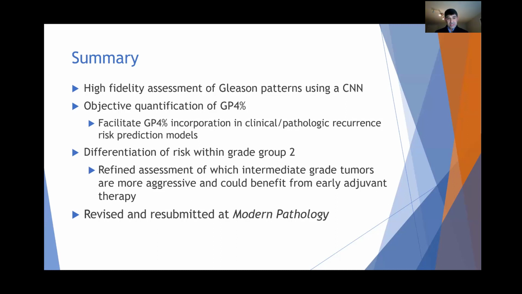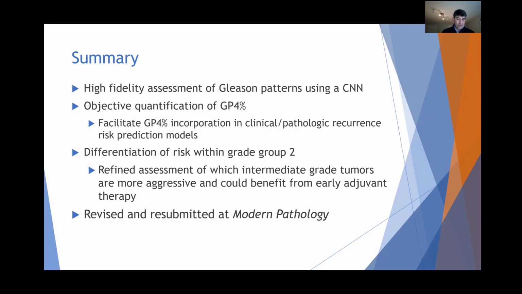Also, this is an objective quantification of Gleason pattern 4. This is something that potentially could move towards clinical application, but we would need a whole heck of a lot of additional data to get there, across multiple institutions, with consensus panels of pathologists scoring these. Really, we had 2 pathologists who scored each image, where they had consensus on the grade group.